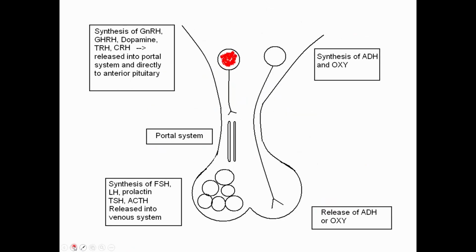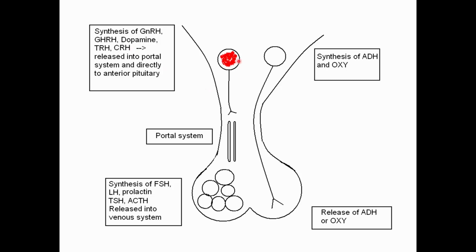All right, so I use my paint program to tell you about the two systems. So we have a number of releasing hormones: gonadotropin releasing hormone, growth hormone releasing hormone, dopamine, thyroid releasing hormone, corticotropic releasing hormone.